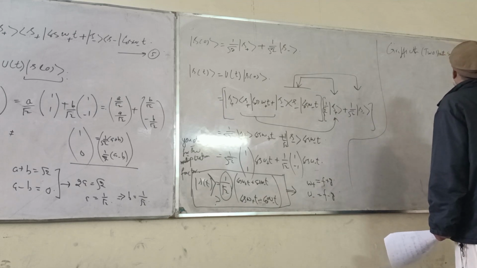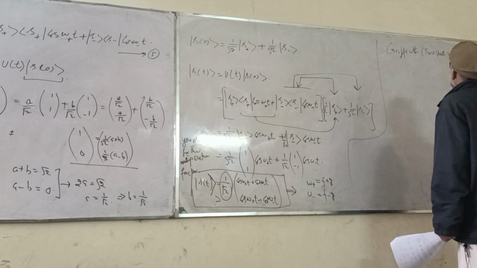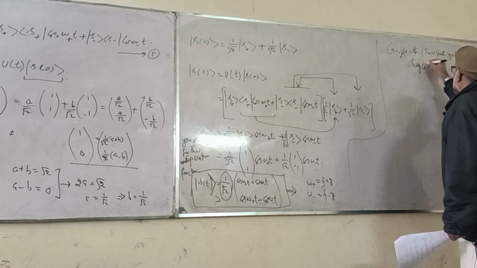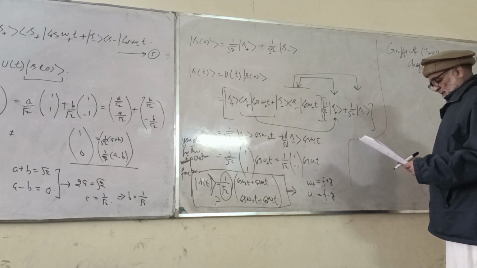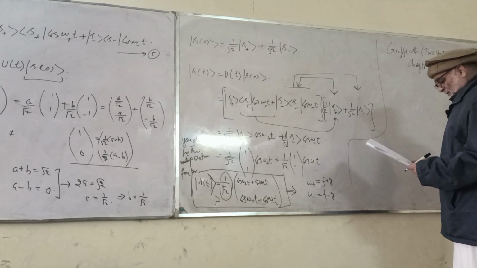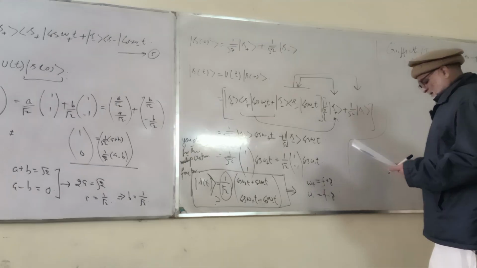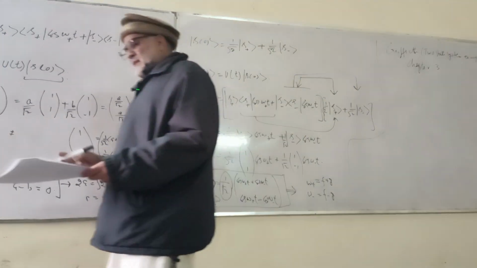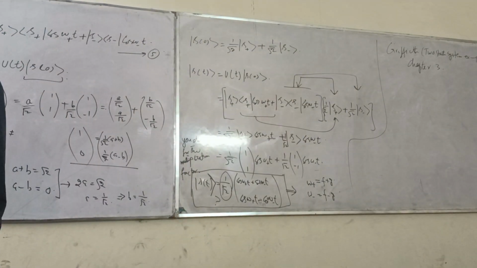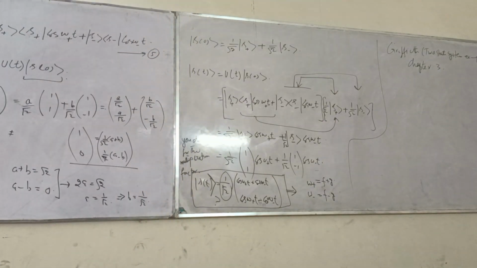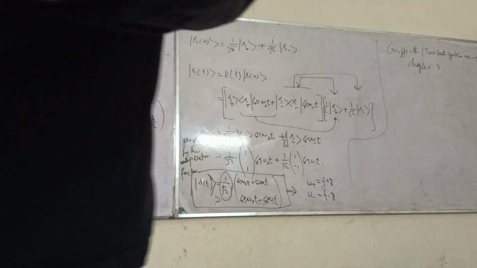Page 1 of the two-state system. That is chapter 3, I think.